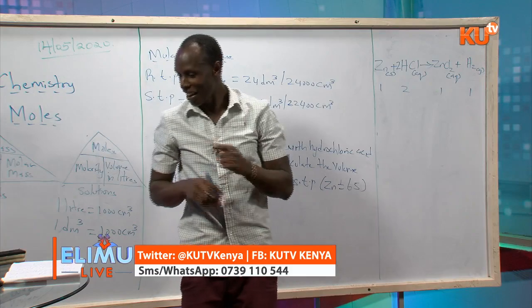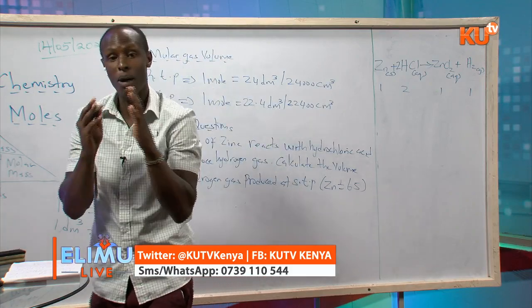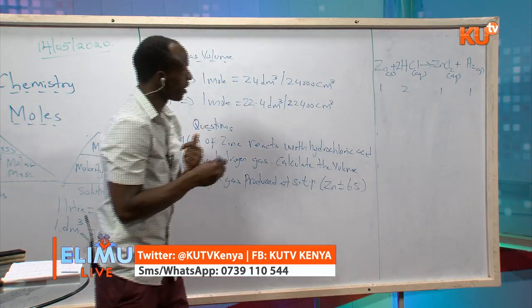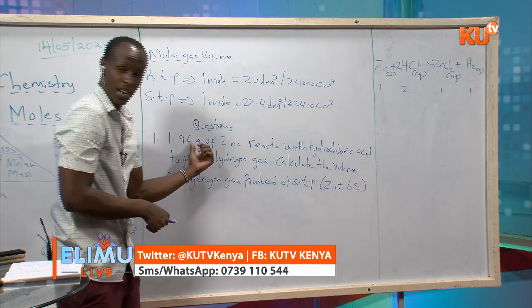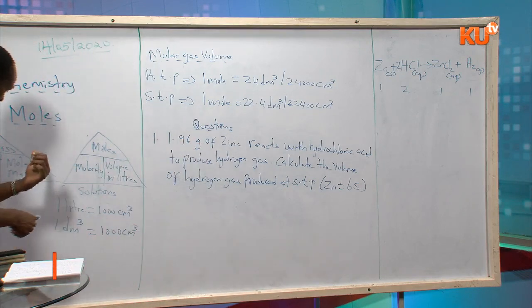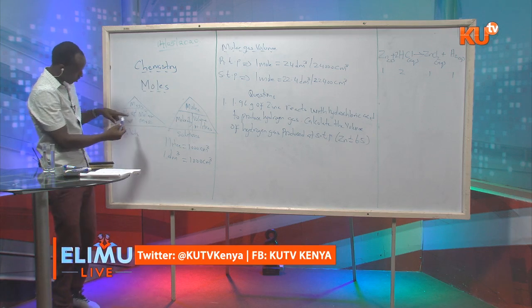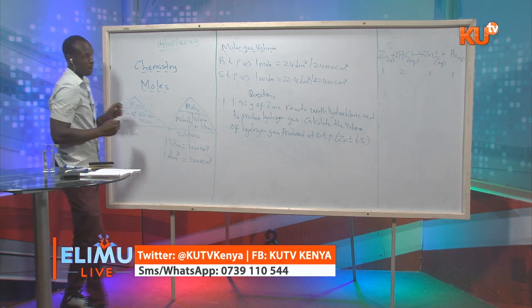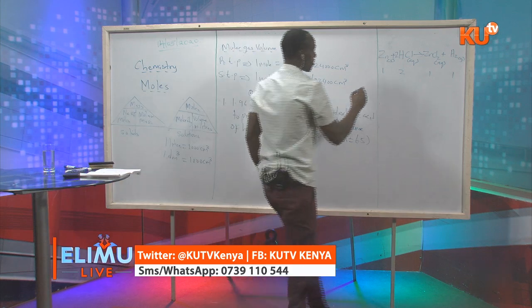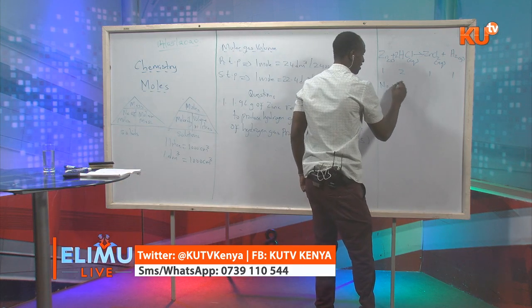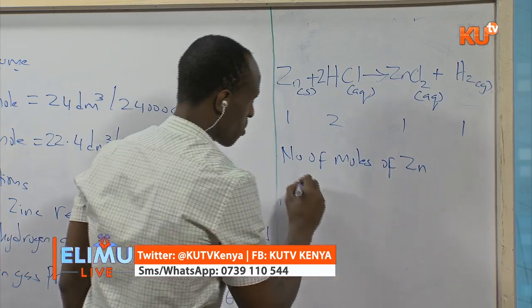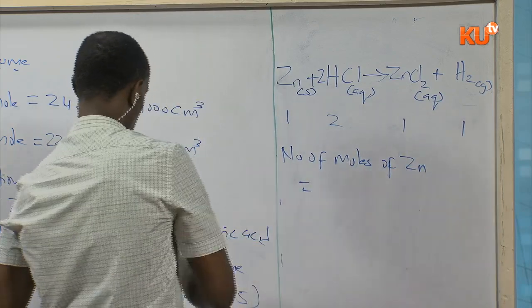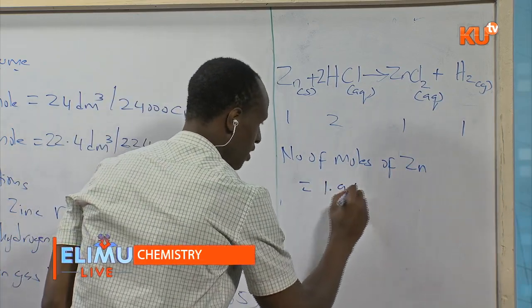So having done that, now you get the number of moles. For which one can you calculate the number of moles? We can get the number of moles of zinc because the mass was 1.96 grams. How do you calculate the number of moles? Mass over molar mass. So the number of moles of zinc equals, what's the mass? 1.96.